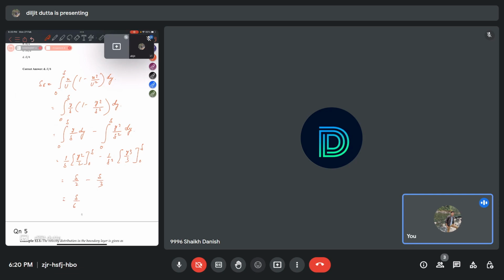Sorry, this is y cubed by delta cubed. So after integration, the terms will be delta by 2 minus delta by 4.